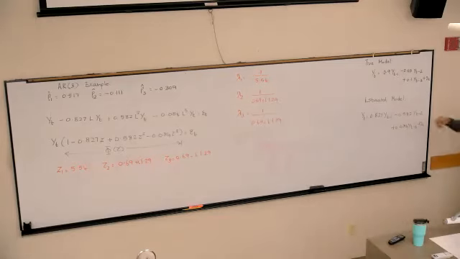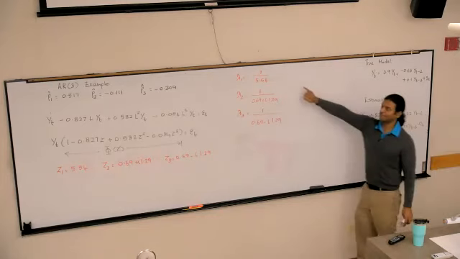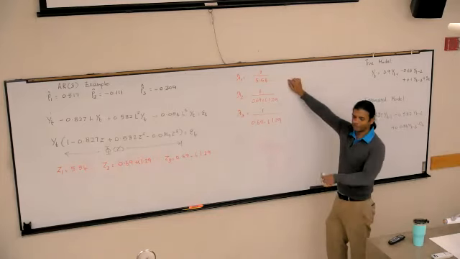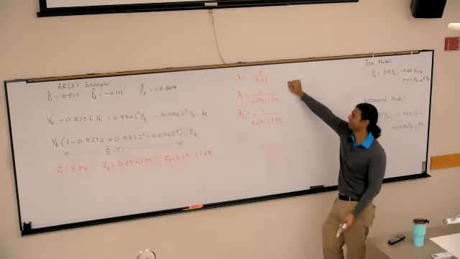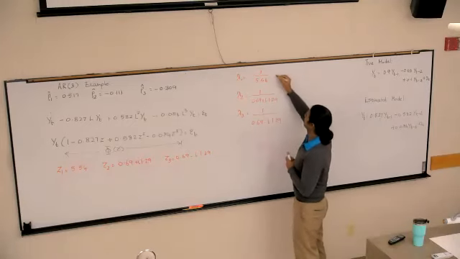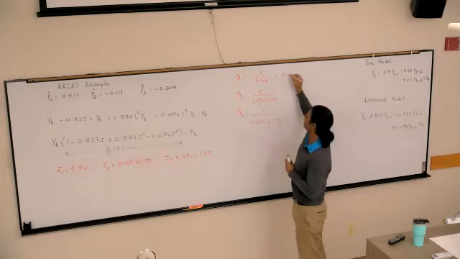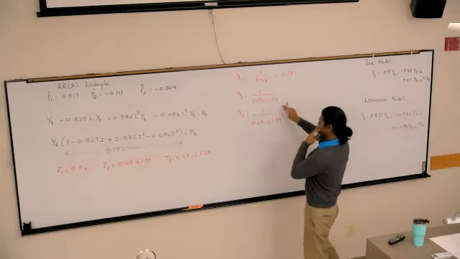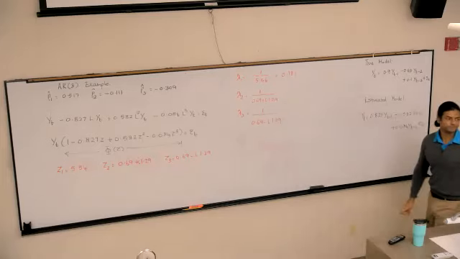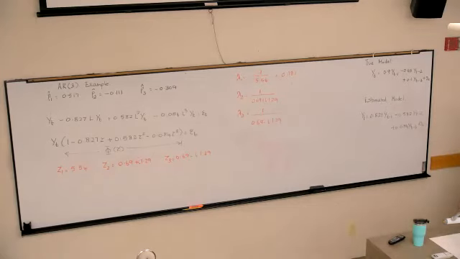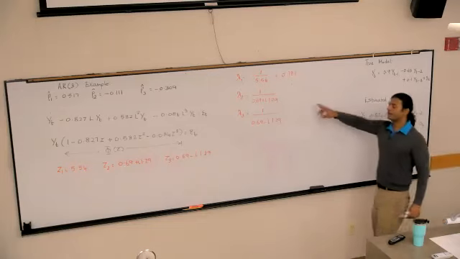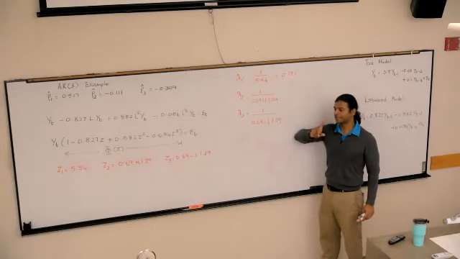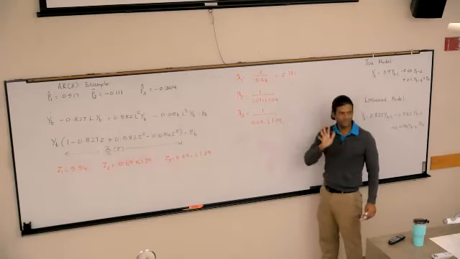How do we find the first one? It's easy. 1 over 5.54, 0.18 something. How do we find this? If you set your calculator in complex mode, easy.